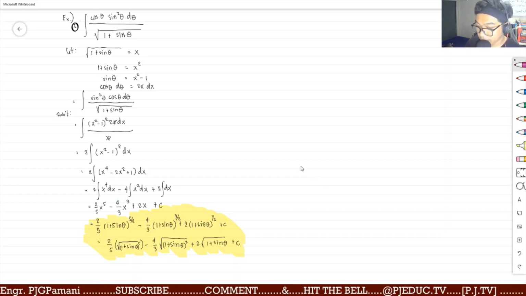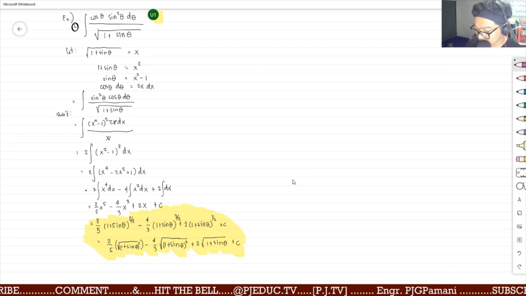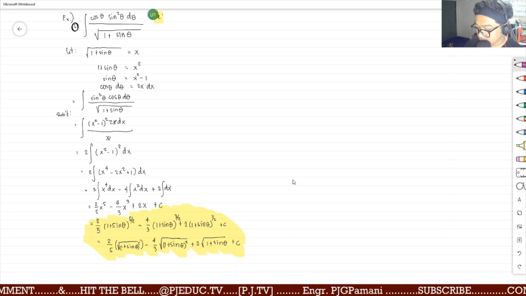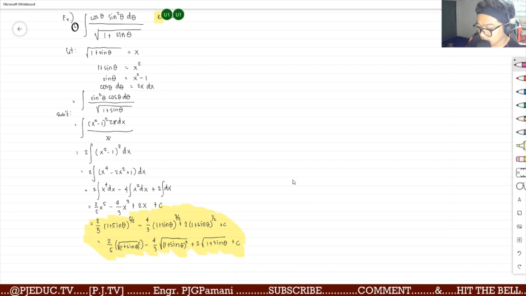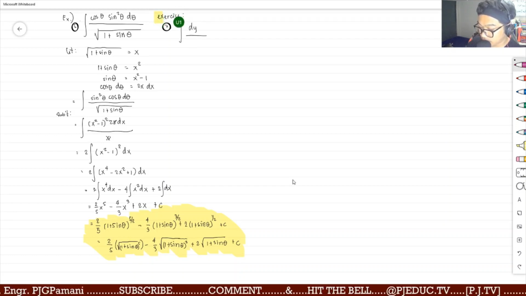Okay? For your exercise problem with this topic, try to answer for exercise. Answer the given problem below. Number 7, integral of dy over square root of y plus 4th root of y.